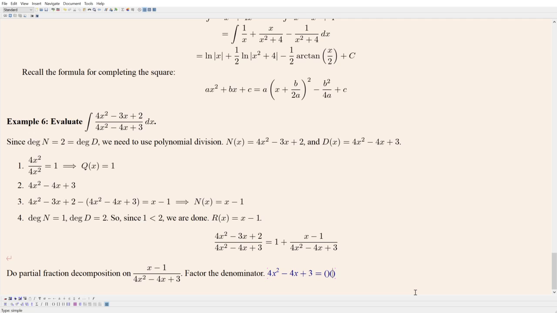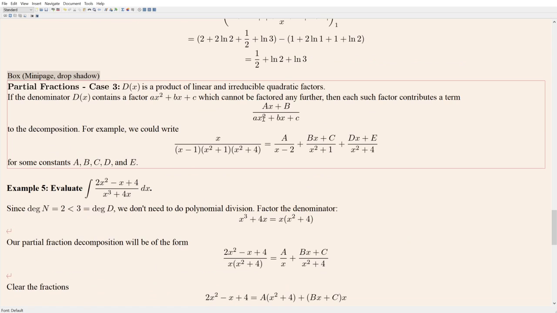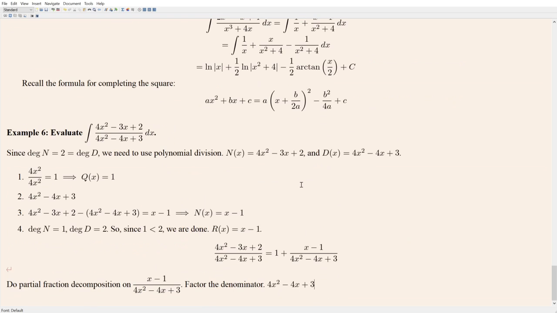Let's see. So, okay, circumstantial evidence would indicate that this is probably irreducible, right? Because this is already quadratic, and this case is all about having irreducible quadratic factors. Certainly we can't factor this without making its degree smaller, and thereby getting rid of its quadraticness.